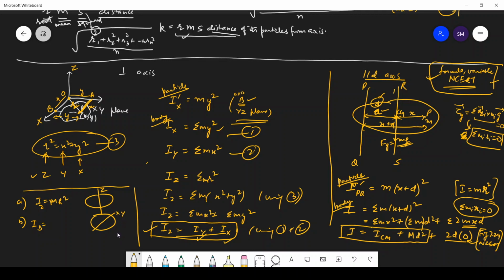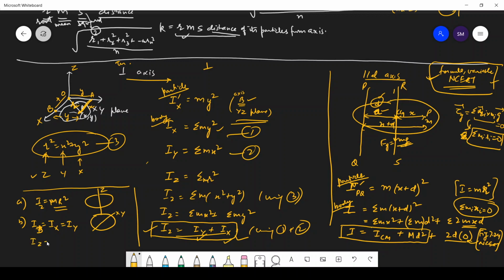So you can use the theorem of perpendicular axis. Iz is given to you, you have found it over here. Along the diameter you are finding, so this is like Ix, and this is Iy, and they will be the same by symmetry.